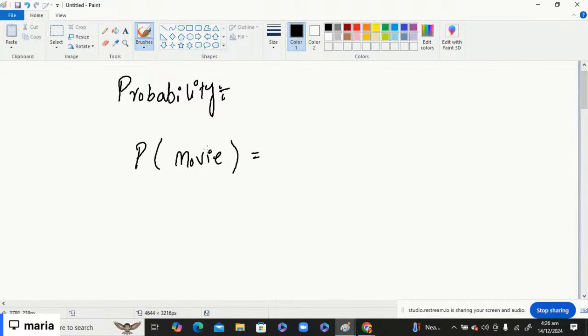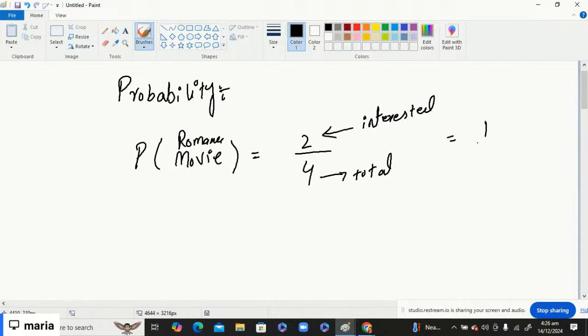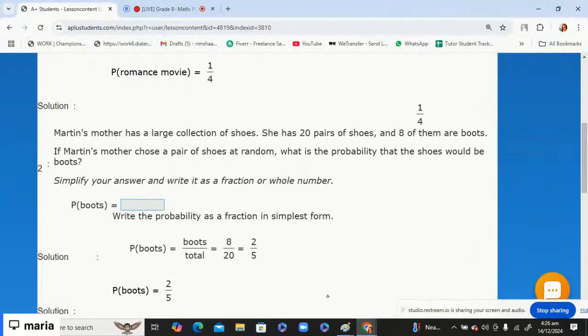How many are the movies we are interested in? They are saying the romance movies, which is 2, and how many total? This is 4. The total is written in the denominator, and the one we are interested in you put in the numerator. 2 by 4 is 1 by 2, and that is your answer. Okay.